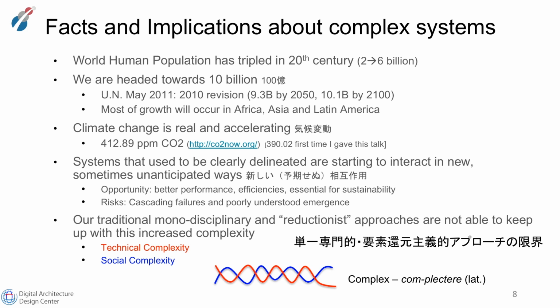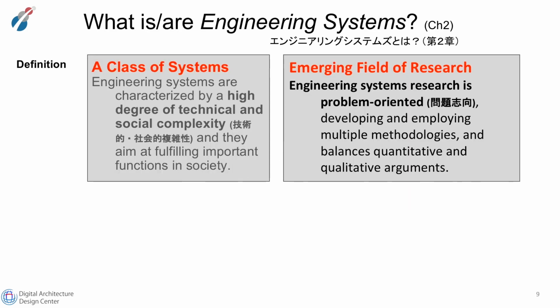And we'll come back to that in just a couple of minutes. And so the definition, which we talk about in chapter 2 of the book: engineering systems are a particular class of systems that have both high technical and social complexity. So high complexity on the technology, but a very simple organization does not qualify as an engineering system.